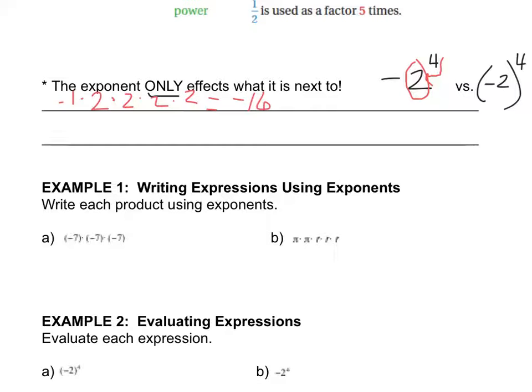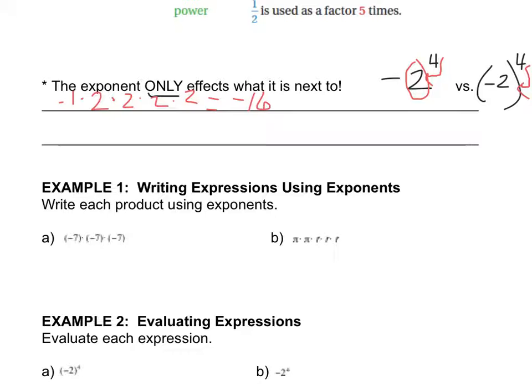Now, notice the second one. If I look at this one, the base this time is actually a -2. The reason I know that is because the 4 on the outside, the very first thing it hits is the parentheses. And we know that parentheses always come in pairs, which means everything on the inside is going to be the base that the 4 affects.